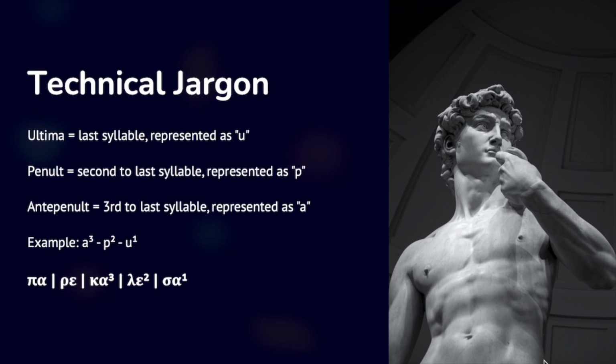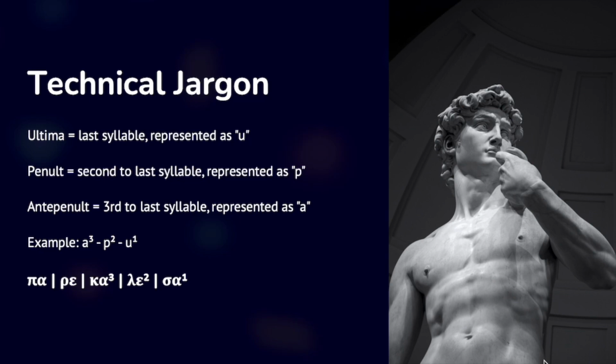You have a superscript 2 next to lambda epsilon. This is saying this is the penult. And then with kappa alpha, you see the superscript 3 saying this is the antepenult. So that's how we would mark it if we are practicing accentuation and figuring out where's the ultima, where's the penult, where's the antepenult.